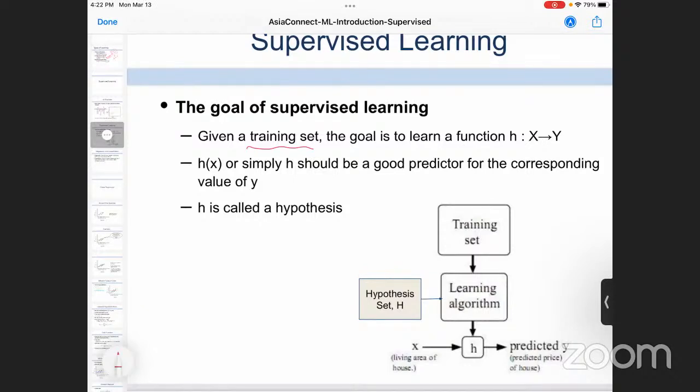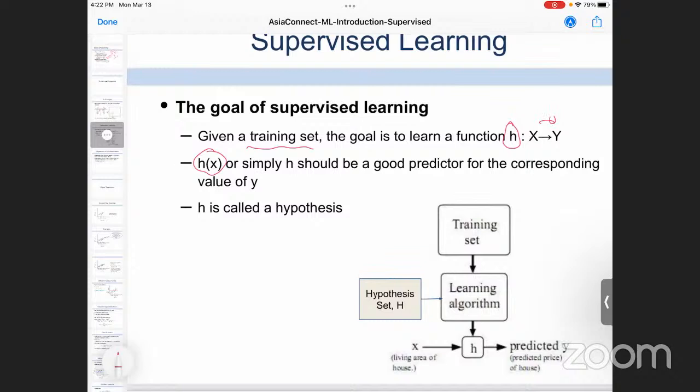There are many things the X can incorporate. And the output is Y. What is the price? So what is our goal? We should basically learn a hypothesis. Hypothesis is a function, just a function. So we have to find a function that can map X to Y.